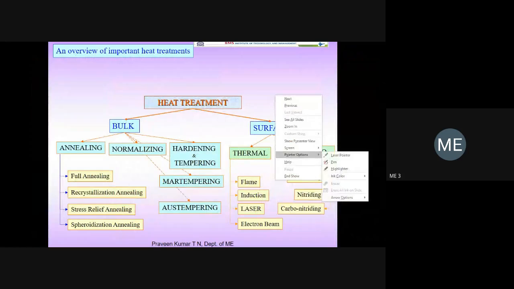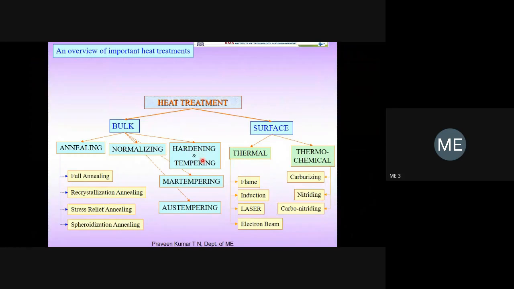Once the material has undergone hardening, it is too hard, its strength comes down and ductility comes down.